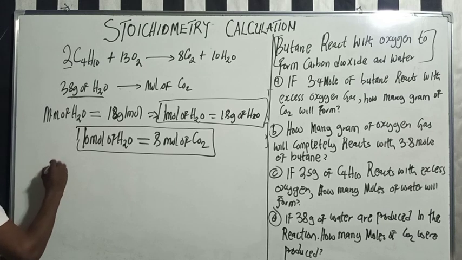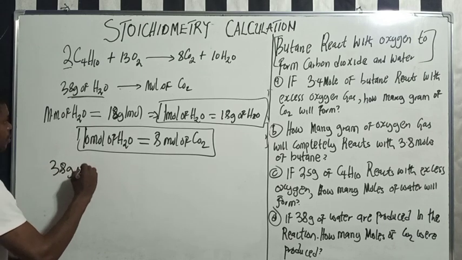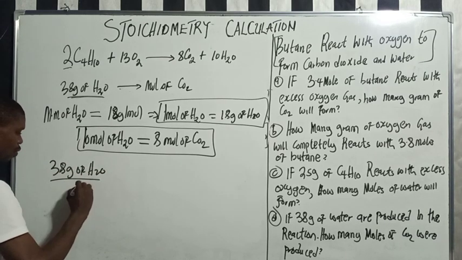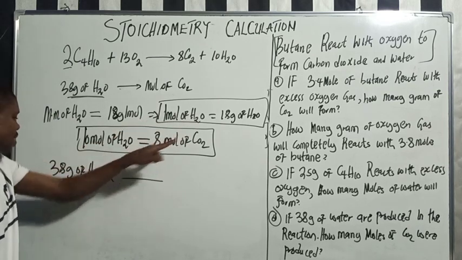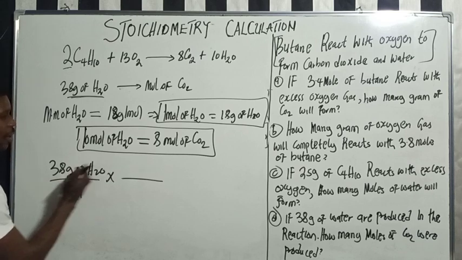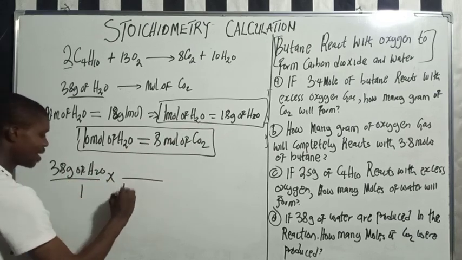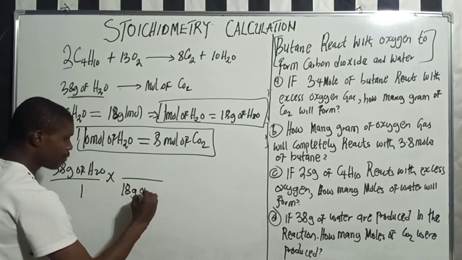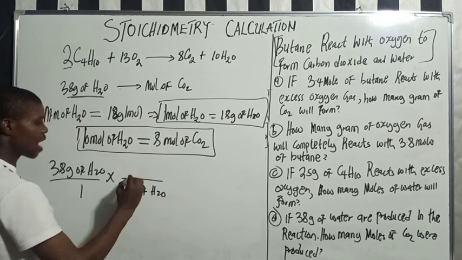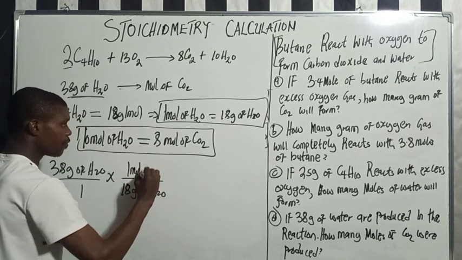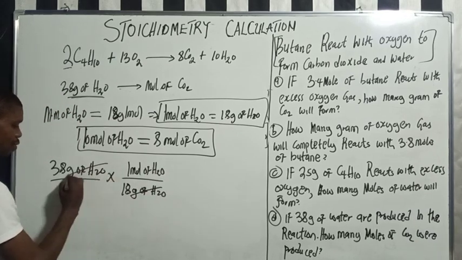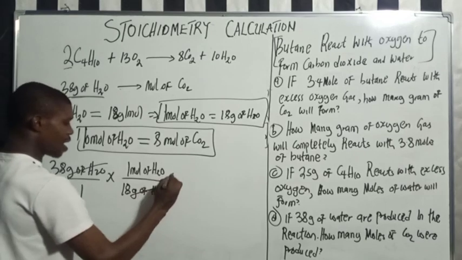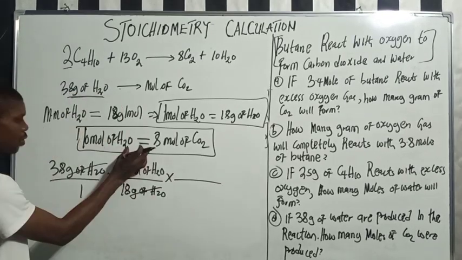So it's going to be 38 grams of H2O over 1, times the mass relationship here. My grams is already at the top, so this one will go to the bottom. So it's going to be 18 grams of H2O for 1 mole of H2O. So these cancel. Times, I'm not going to use this one here.